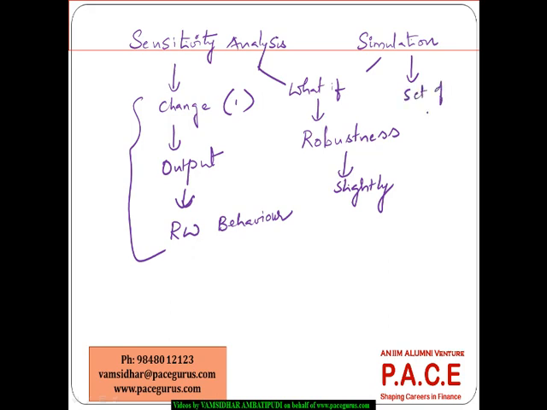We are taking different sets of values following some kind of distribution, using a computer, giving different kinds of inputs to different parameter values and trying to see how each of the outputs comes up. So we are using this kind of process, different sets of inputs, checking different sets of outputs and seeing whether the majority of these are following the real world behavior or not.